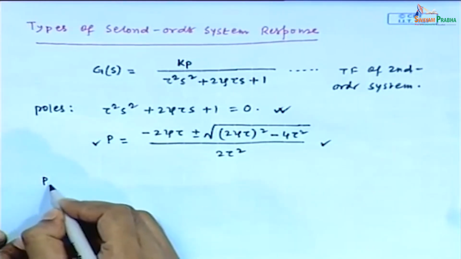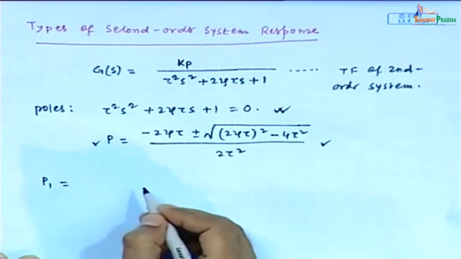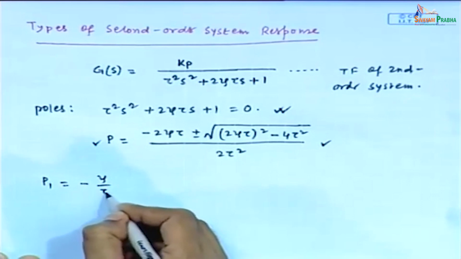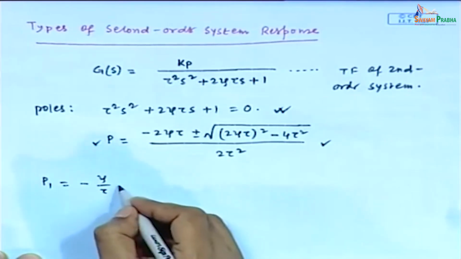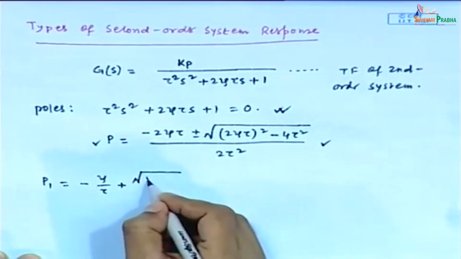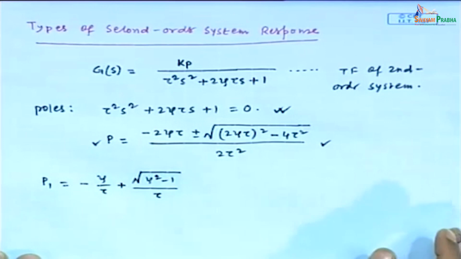So, we will get basically two poles, P 1 equals minus zeta divided by tau plus root over zeta squared minus 1 divided by tau.